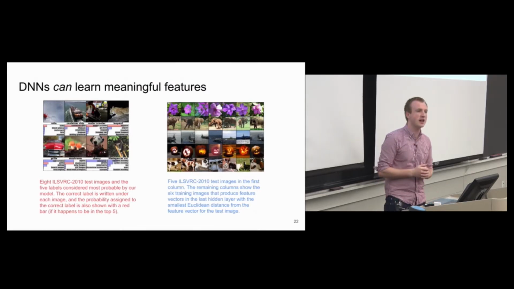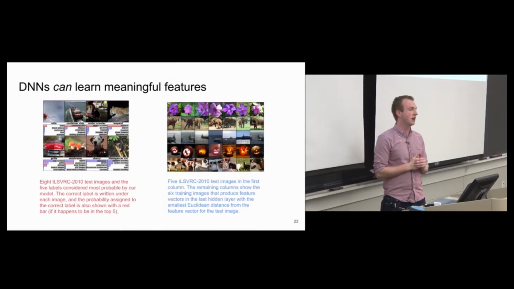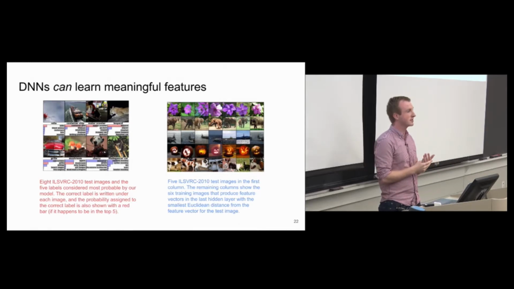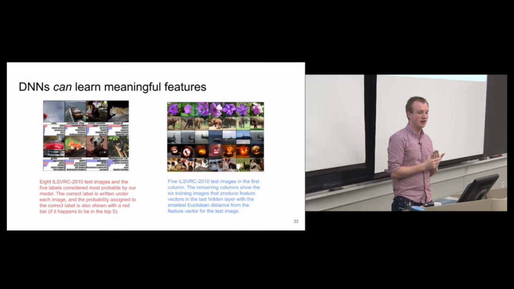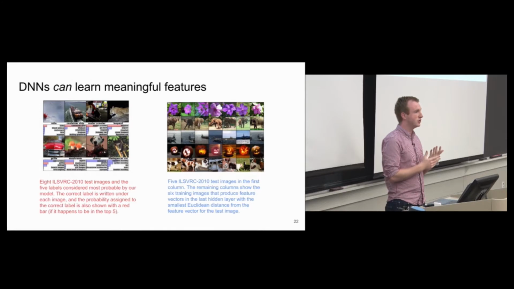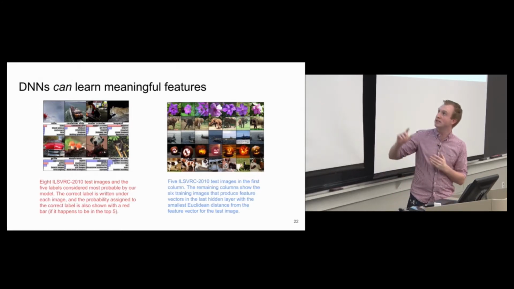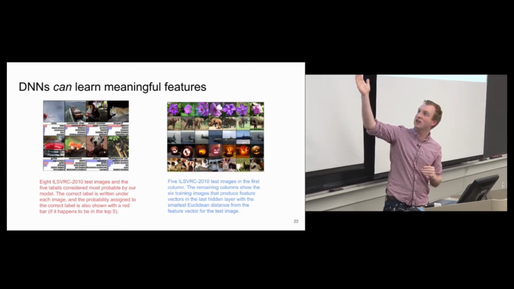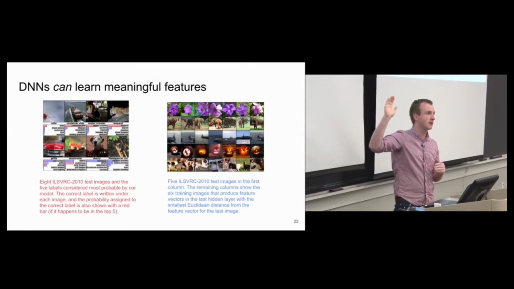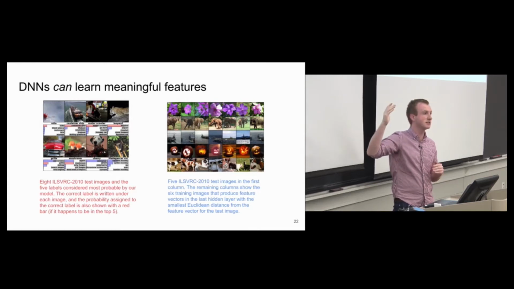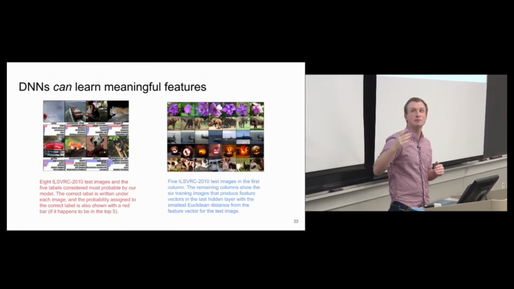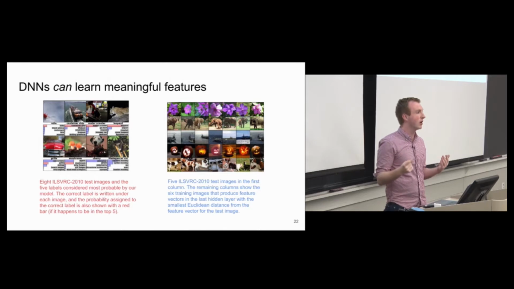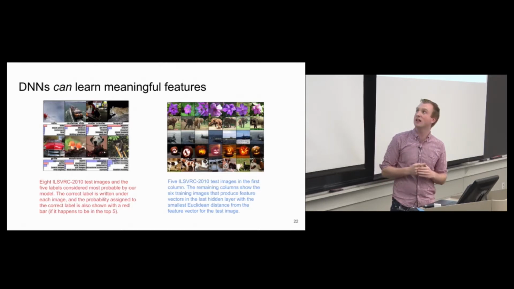All right, so this is a slide that we went over in a previous lecture. And it's true that deep neural networks can learn really meaningful features as they do the task at hand. So for example, you can see in this left image here how even though it's achieved the classification task well, the class labels that it assigns the next highest probability are usually very well related, semantically, to the class that it's classifying, right?